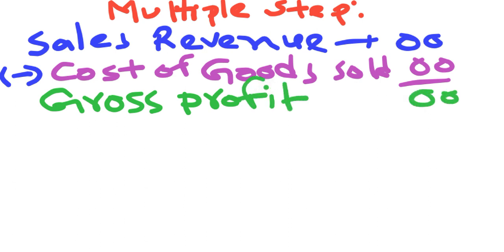So this is our gross profit. From this gross profit, we will now subtract the operating expense. So let's subtract operating expense.